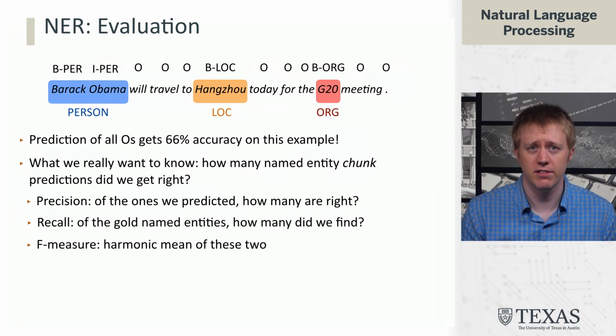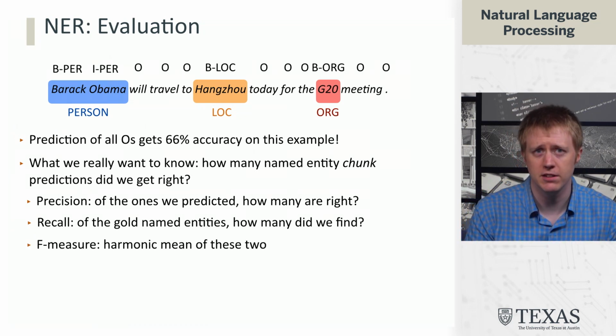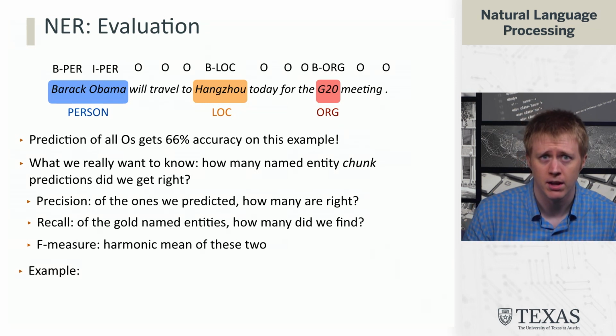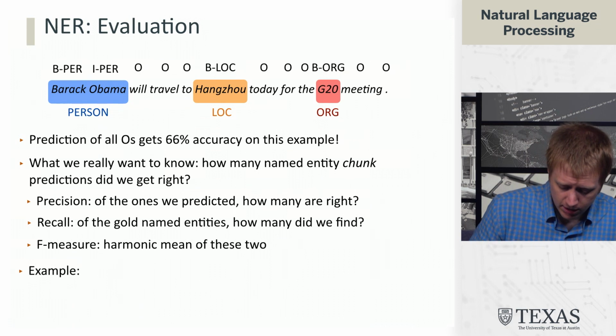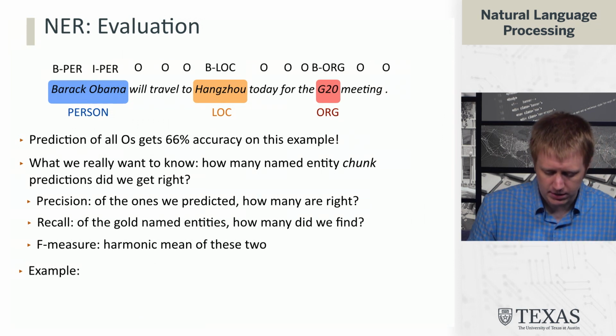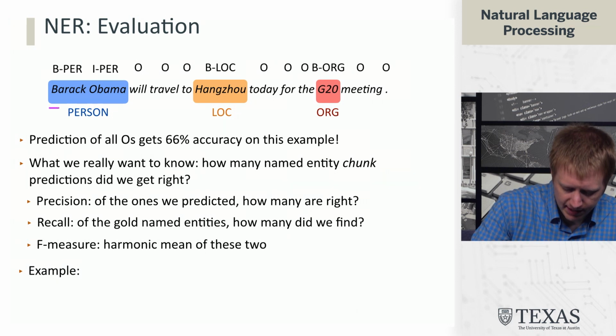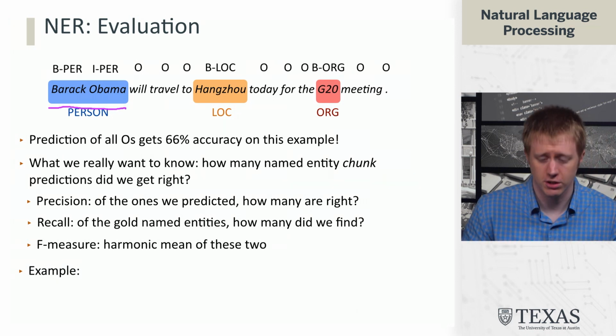The final piece that these get combined into is what's called F measure, which is the harmonic mean of these.